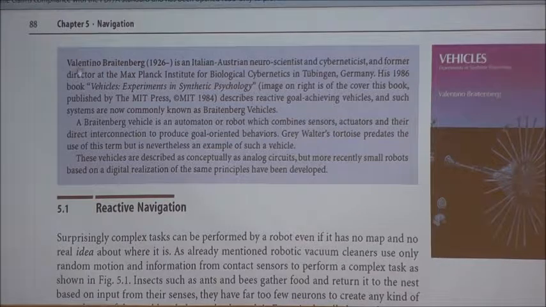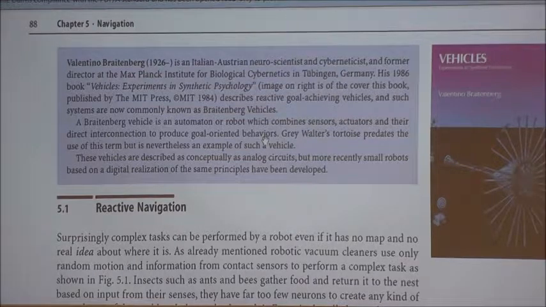There came the Italian-Austrian neuroscientist Valentino Braitenberg, who published a book, Vehicles: Experiments in Synthetic Psychology, in 1986 with MIT Press, where he described reactive goal-achieving vehicles, which are known as Braitenberg vehicles. A Braitenberg vehicle is an automaton or robot which combines sensors, actuators, and their direct interconnection to produce goal-oriented behavior.